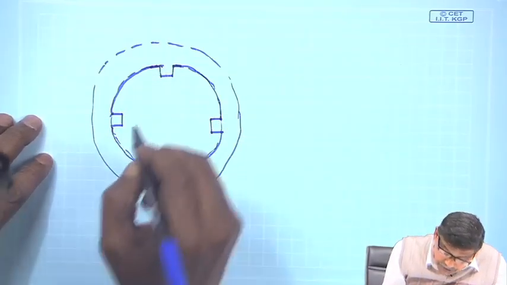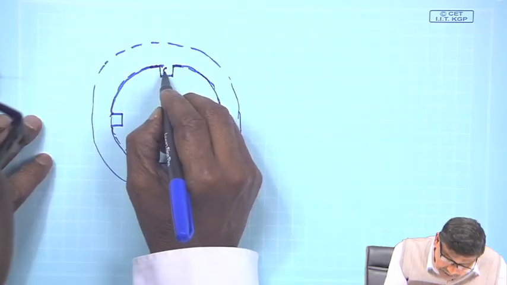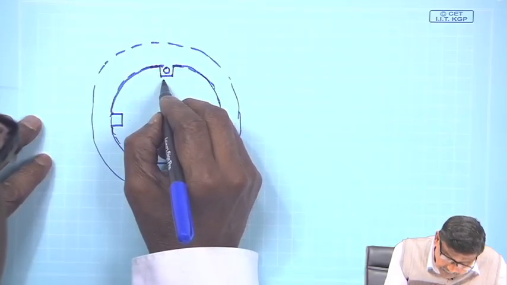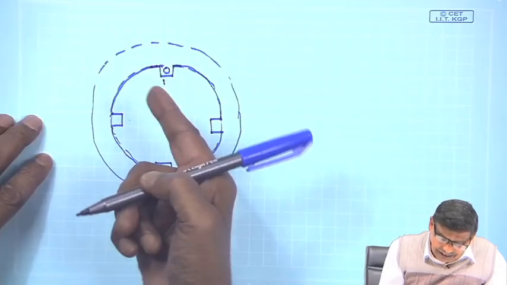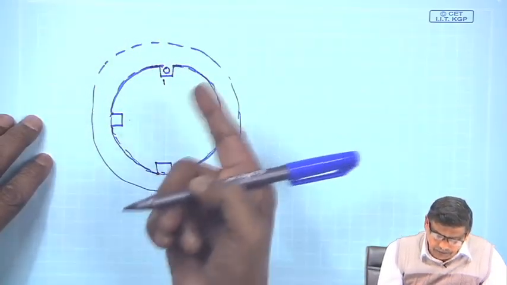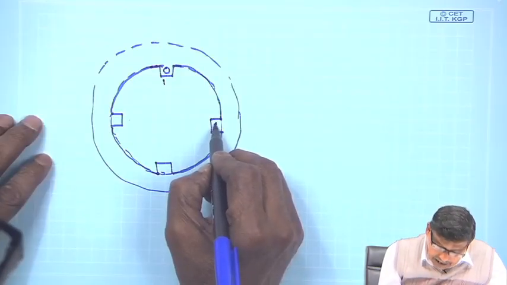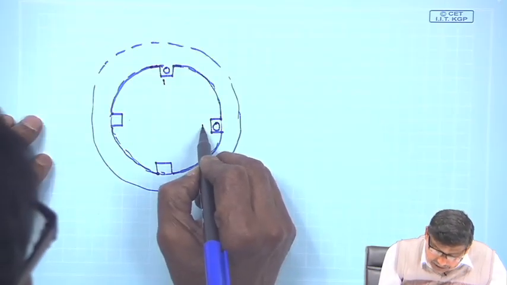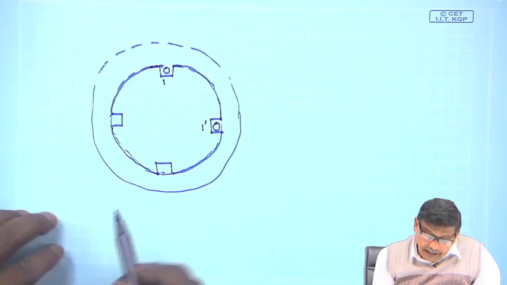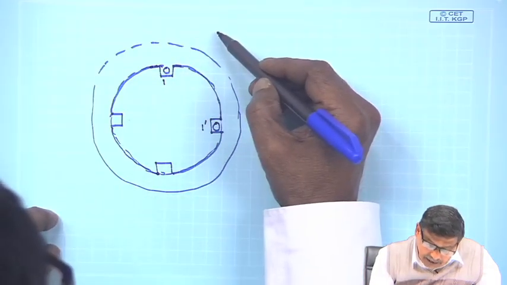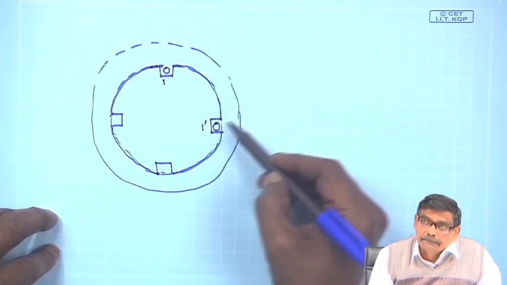Now you place one conductor here, 1. I was writing x and y earlier; henceforth I will write 1 for the front side, and its return side is 1 dashed. These 2 conductors I will join at the back. Understood?